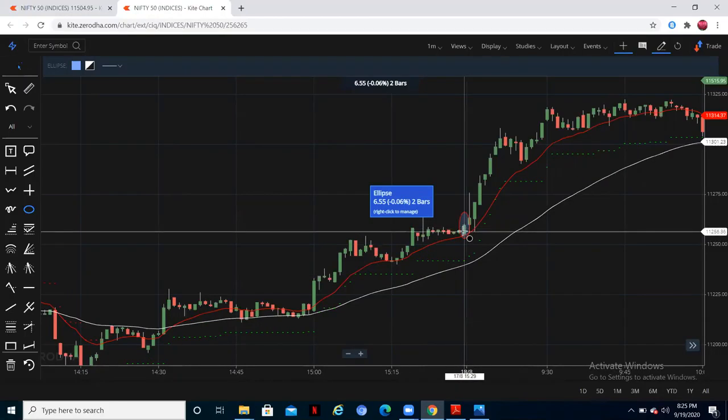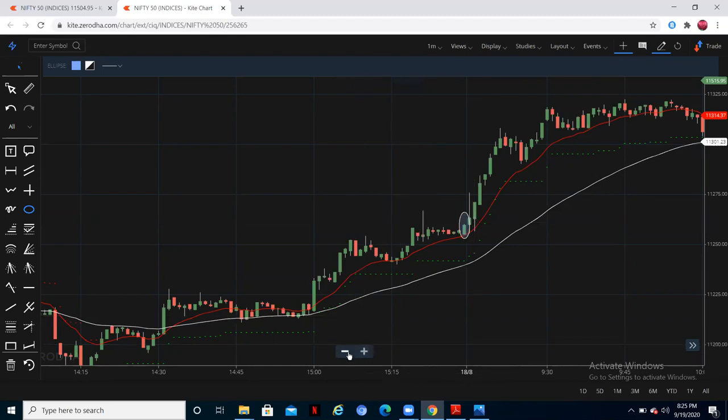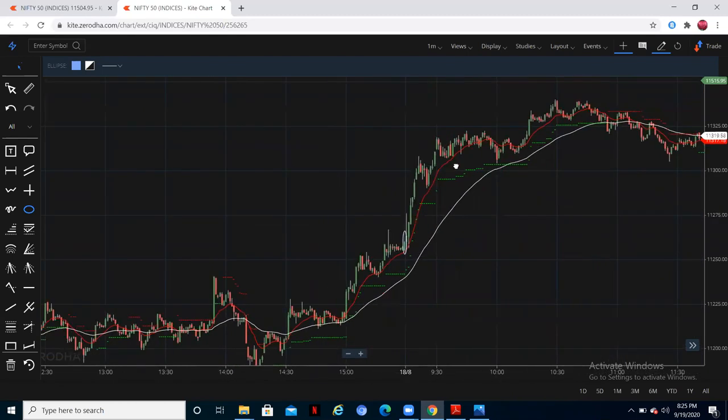Once this candle is formed and closed, that is a confirmation. Once you find a small and safe candle, that is a confirmation that the stock has given you the entry, after which you can enter. On which candle you are actually entering is never in your hands, that is impossible. So these are the first three basics.